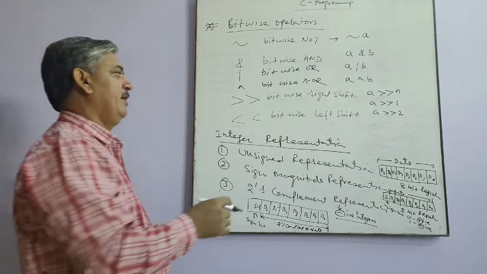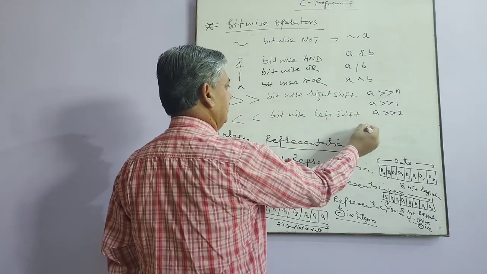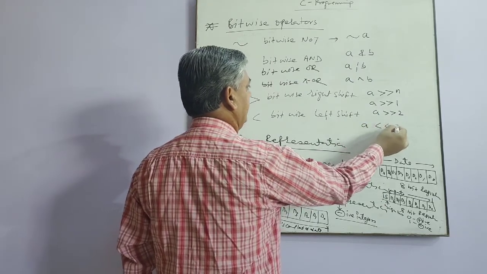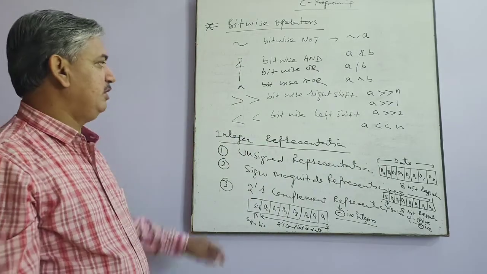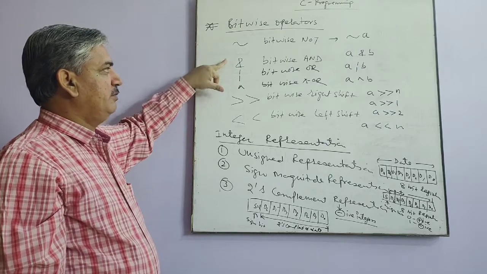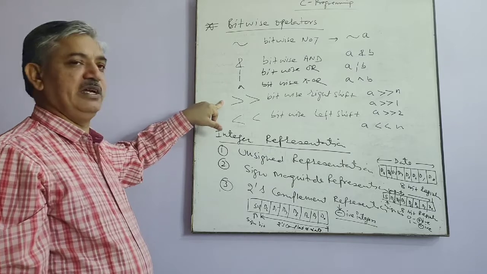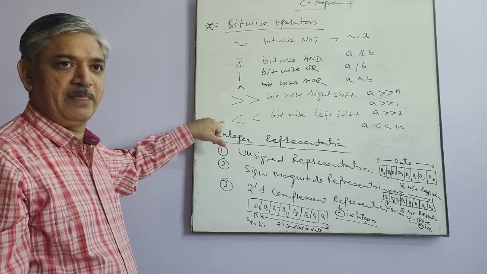Clear? Similarly, this is bitwise left shift: A, then this symbol and the same N. N indicates the number of shifts. So these are the 6 bitwise operators: bitwise NOT, bitwise AND, bitwise OR, bitwise XOR, bitwise right shift and bitwise left shift. Clear?